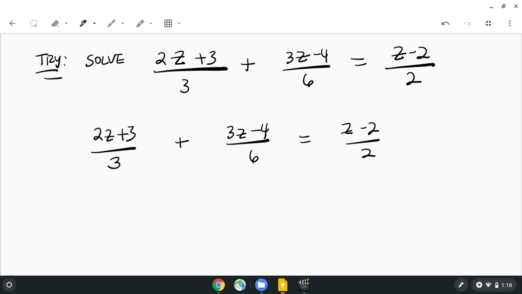All right. So if you ended up with the answer z equals -2, then you are correct. And that would be the end of this video. If you want to see this problem worked out, stick around.